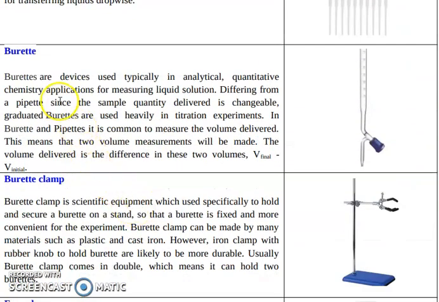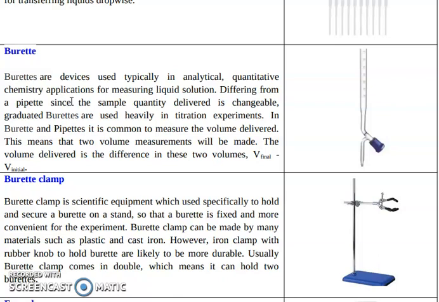Now you can see the burette. Burettes are devices used typically in analytical quantitative chemistry applications for measuring liquid solution, differing from a pipette since the sample quantity delivered is changing.